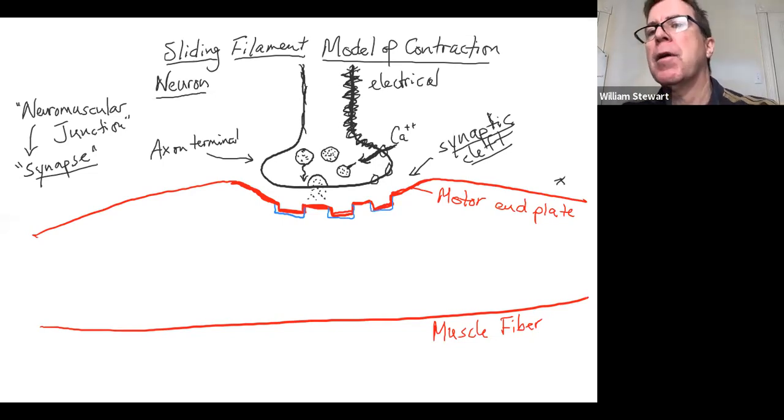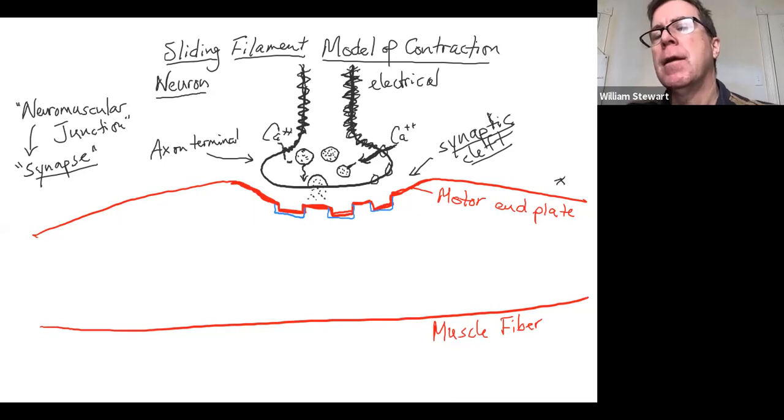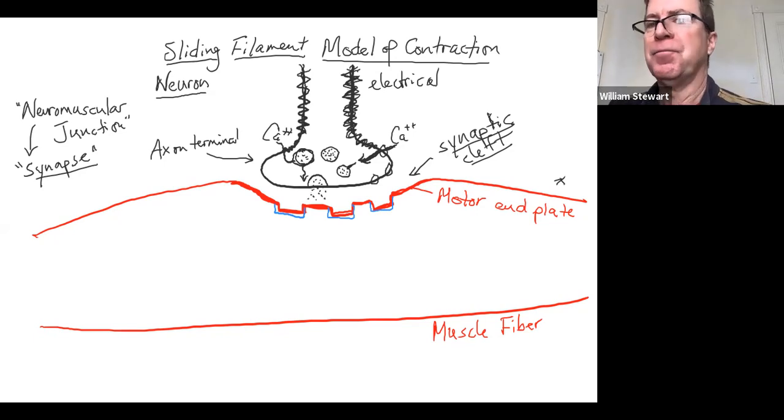So back to the original part of our story. An electrical impulse travels down the axon of the neuron. When it gets to the terminal end, it causes calcium ions out here to flow in. When they bind to these vesicles, these bubbles that store neurotransmitter chemical, the binding sends that vesicle to the edge and it releases its neurotransmitter chemical.